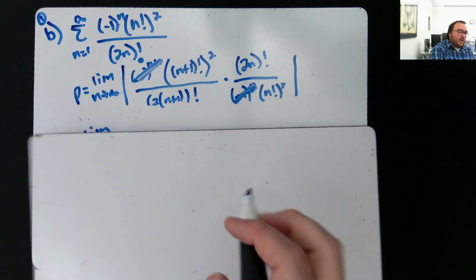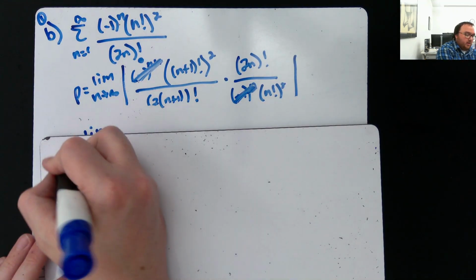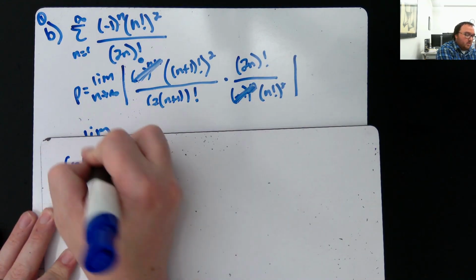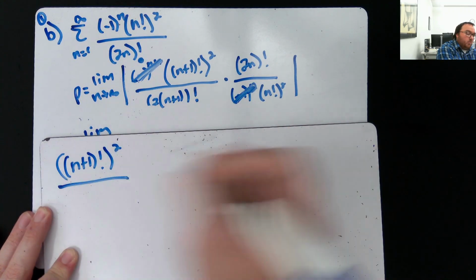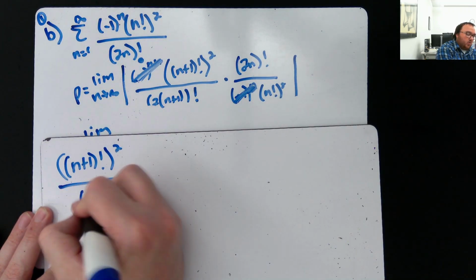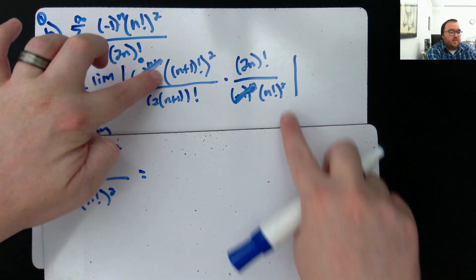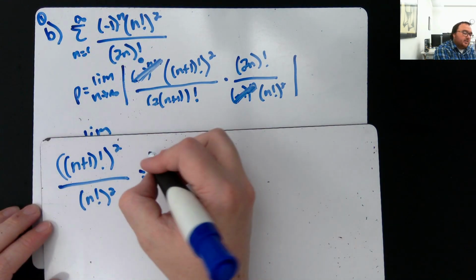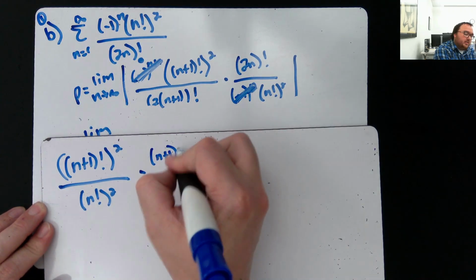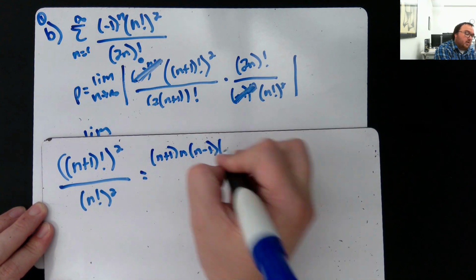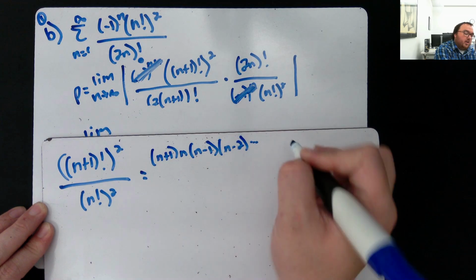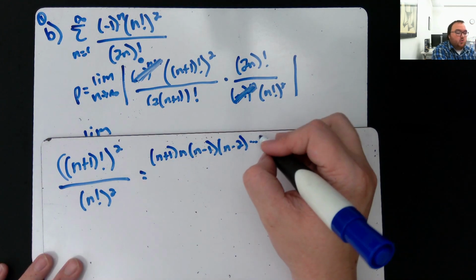(n+1) factorial squared over n factorial squared. Let's see what happens just right there. This term and that term. So that's going to be (n+1) times n times (n-1), on and on. But I'm squaring it, so I do it twice.